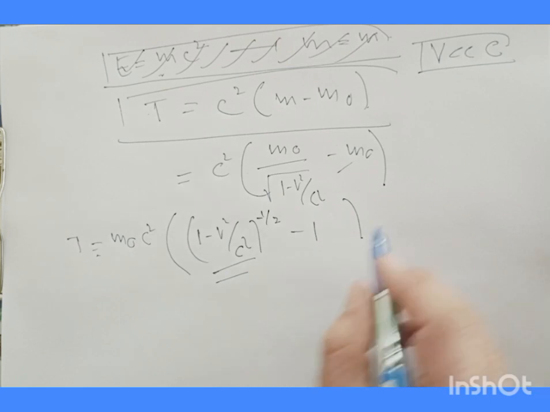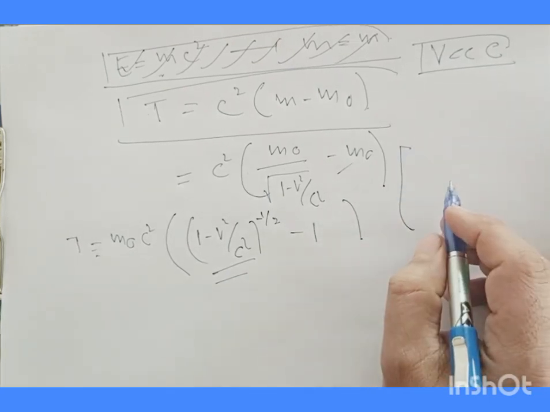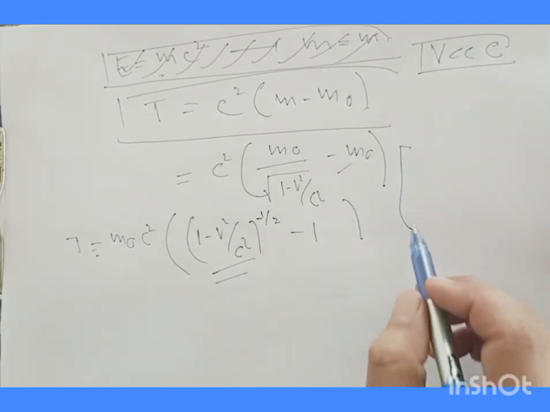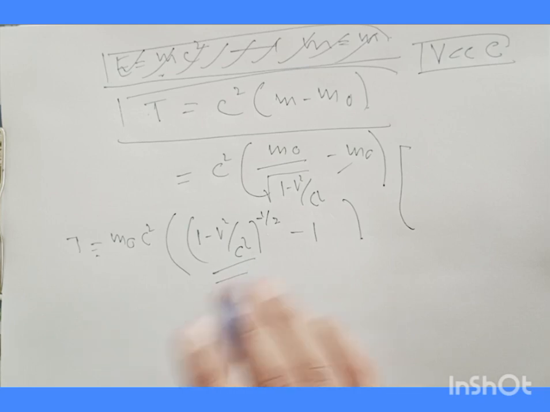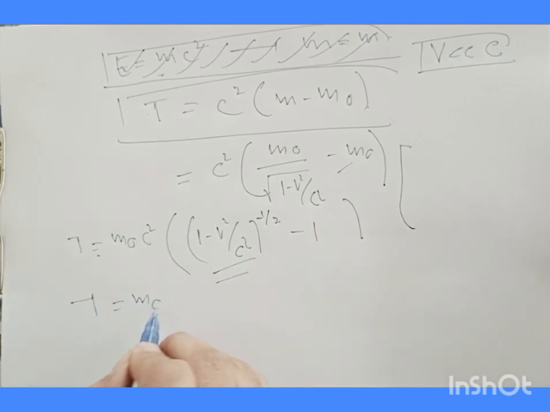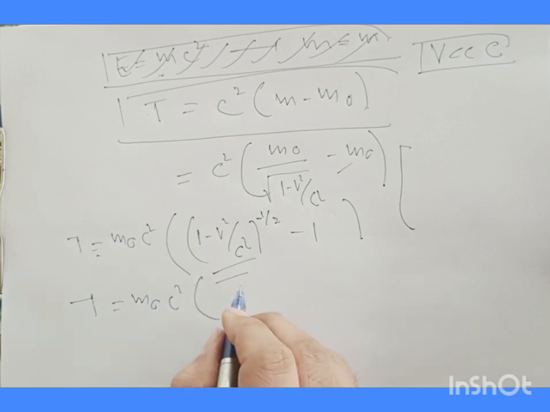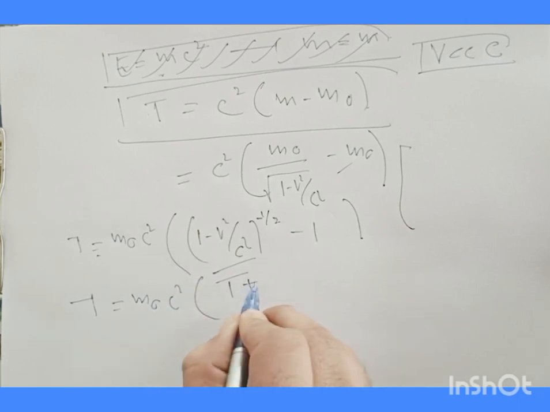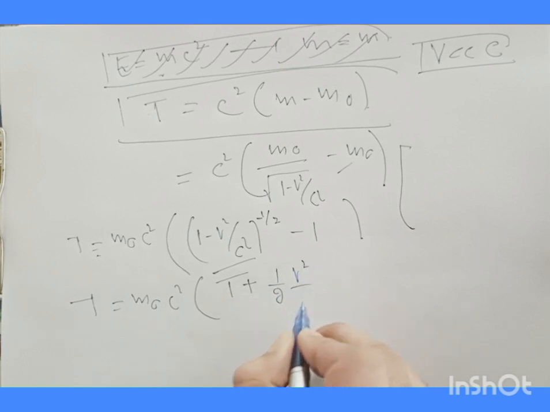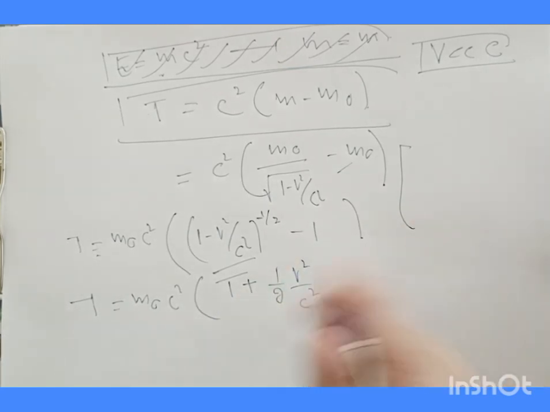Now for this term I can use binomial expansion, and neglecting the higher order terms, T will come out to be m naught c square times (1 plus 1 by 2 v square by c square), and we have neglected the higher order terms, minus 1.